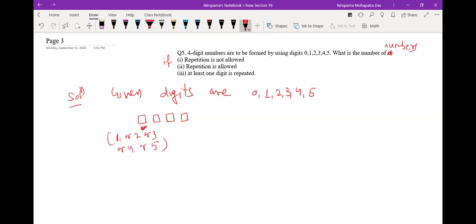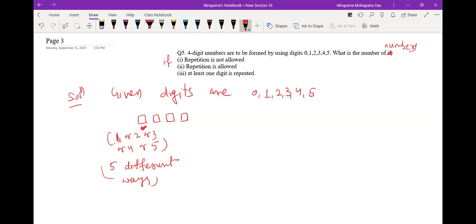Here for first place, for thousands place, you have 5 different ways. Is it clear? So we cannot use 0 here. 0 cannot be placed in thousands place. Leftmost place we cannot have 0. So here we can have either 1 or 2 or 3 or 4 or 5.